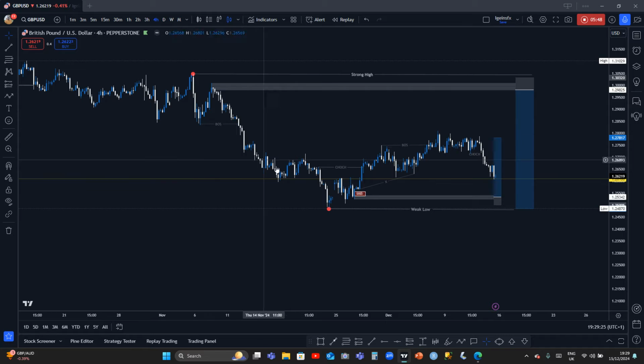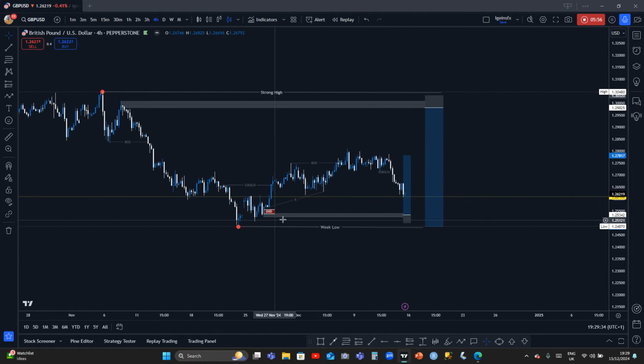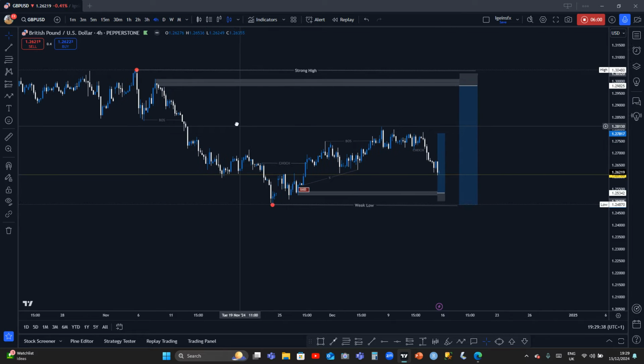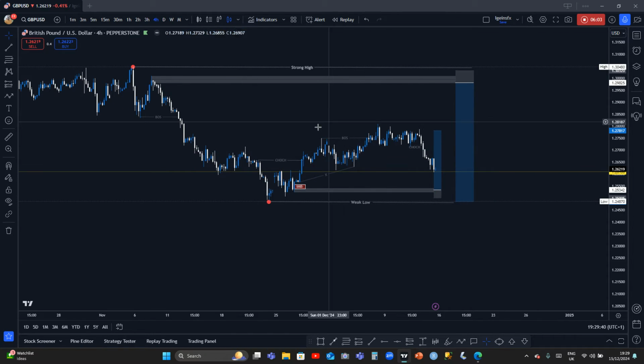You see it's been bearish from here. Now you can see that there's a change of character internally, because this strong leg is still intact.